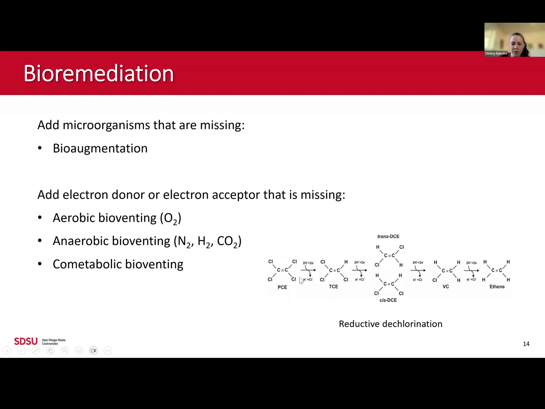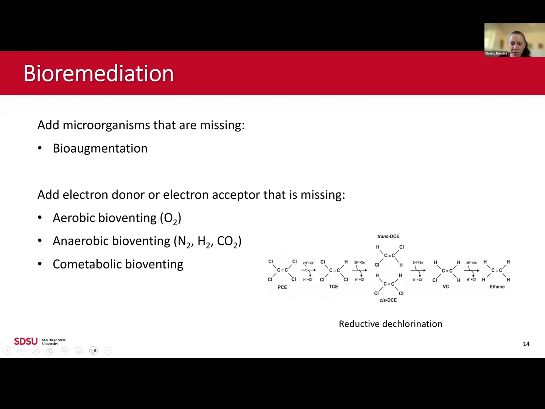So PCE looks like this. It's two carbon atoms that are double bonded together, and they each have two chlorides associated with them, so 4 total per PCE molecule.